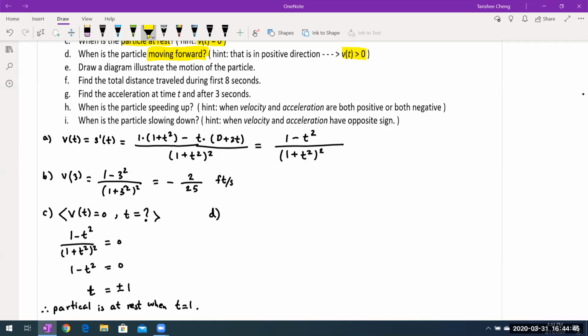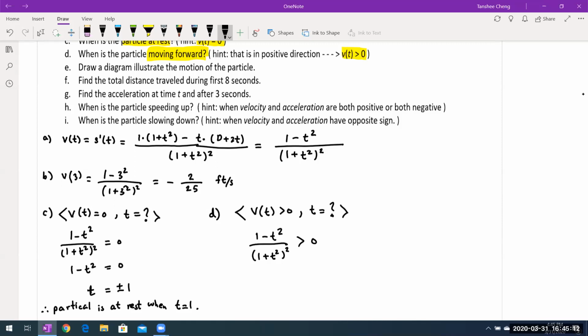So therefore, for moving forward, I will need to find out when the velocity function is greater than 0, and at what time that happens. So when the velocity function is greater than 0, that says 1 minus t squared all over 1 plus t squared quantity squared is greater than 0.